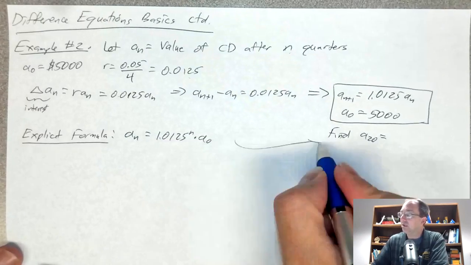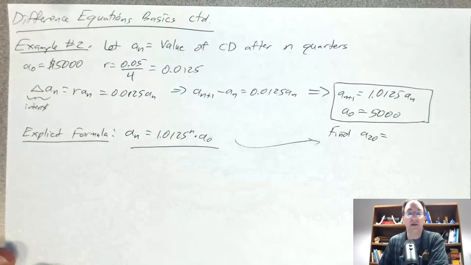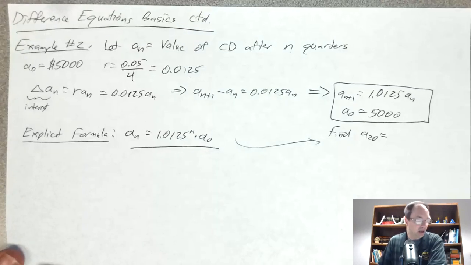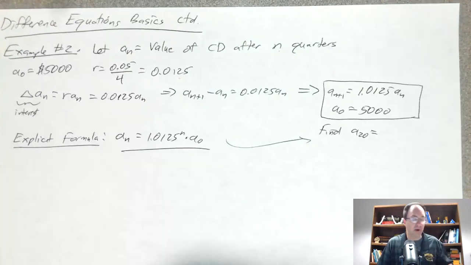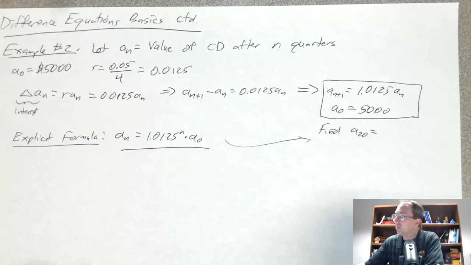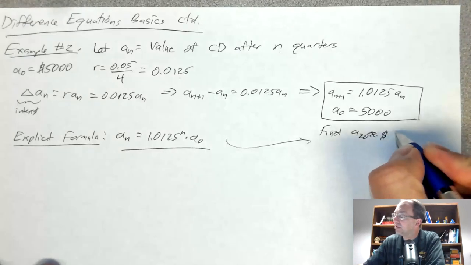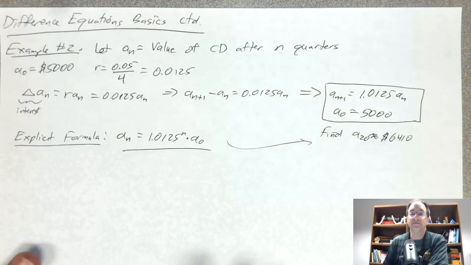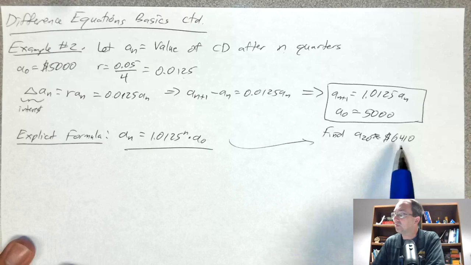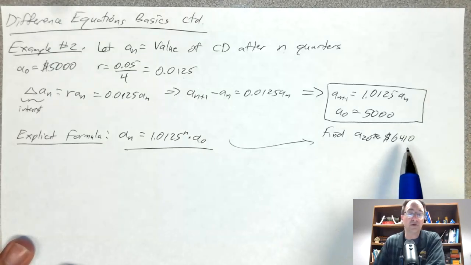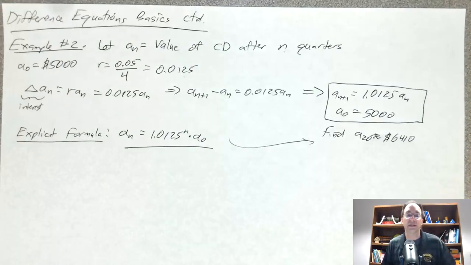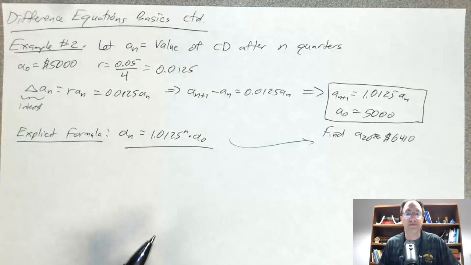Now we can plug in 20 for n more easily and get the same answer as if we had done it the other way. In either case, we're going to get approximately $6,410. So we earn more than $1,400 worth of interest in 5 years on the CD because we got 5%.